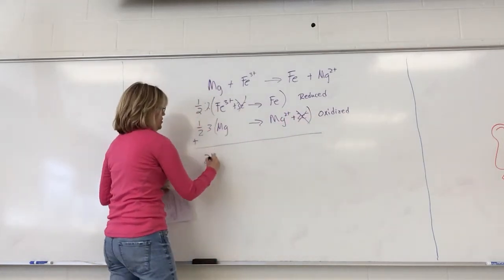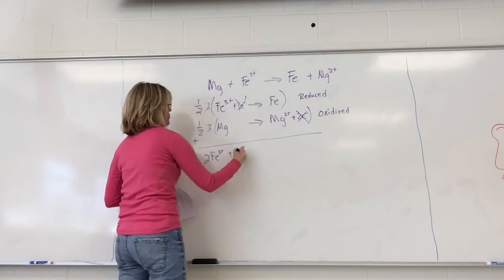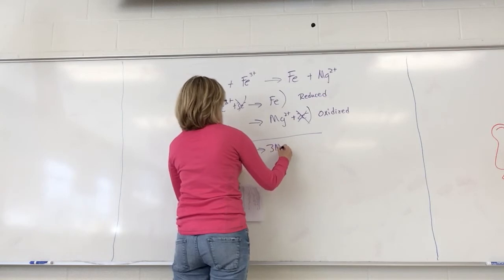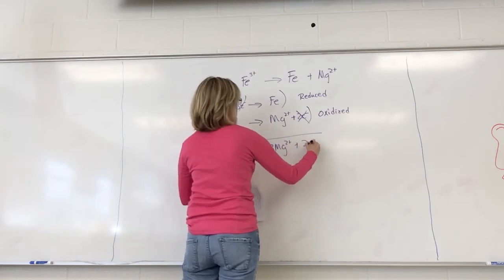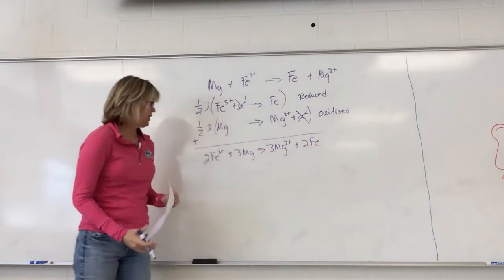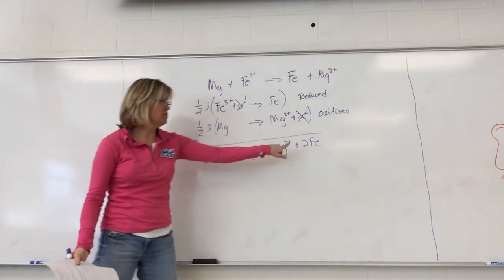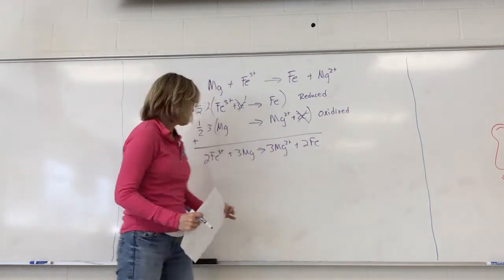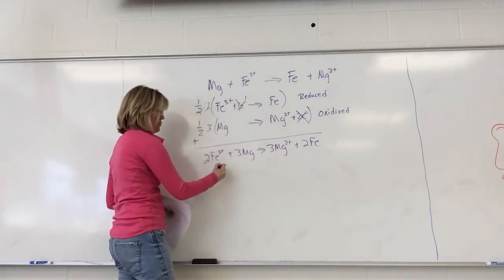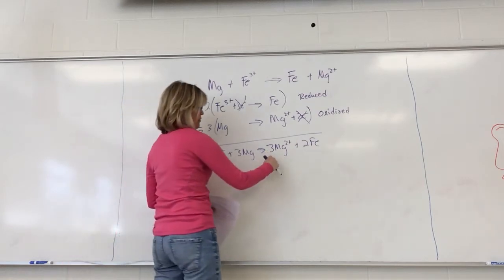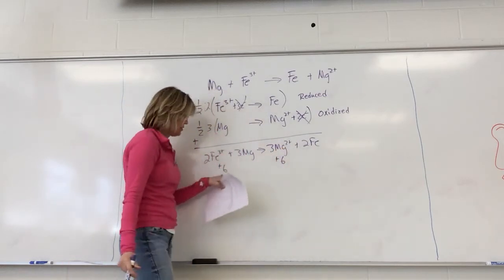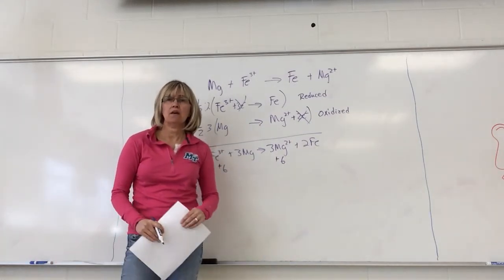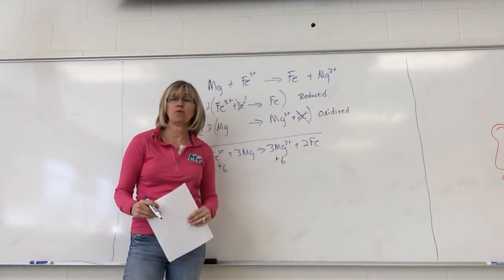What's left is 2Fe3+ + 3Mg goes to 3Mg2+ + 2Fe. Okay, my mass balances: 2 irons, 3 magnesiums, 3 magnesiums. Does my charge balance? Well, 2 times 3 is a +6 on this side. 3 times 2 is a +6 on that side. So my charge balances.